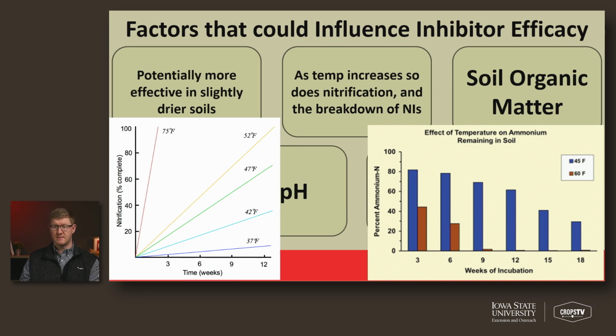And then on the right, you can kind of see the same thing. When you move from 45 degrees, which is the blue bars, up to 60 degrees, nitrification happens a lot faster. But not only is nitrification happening faster, these inhibitor products are breaking down quicker. So the faster they break down, the faster those microbes can get back to acting on that ammonium.